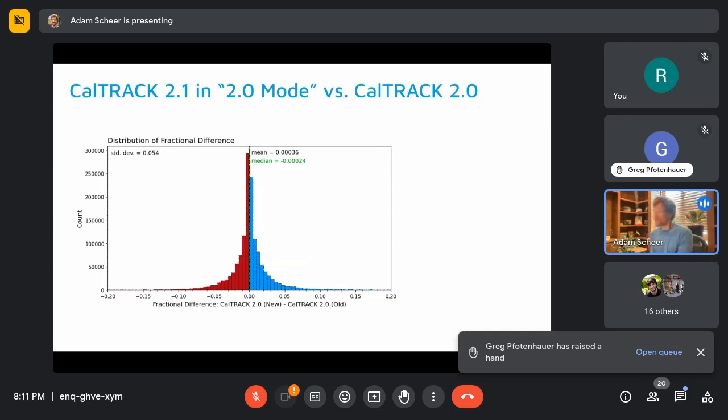But we still want to give people the advantage of the speed and the computational efficiency that we offer now through Caltrack 2.1. So we need to retain the ability to run these 2.0 style models. That's going to be part of the code package. Again, this is just staring at this histogram, looking at these statistics.